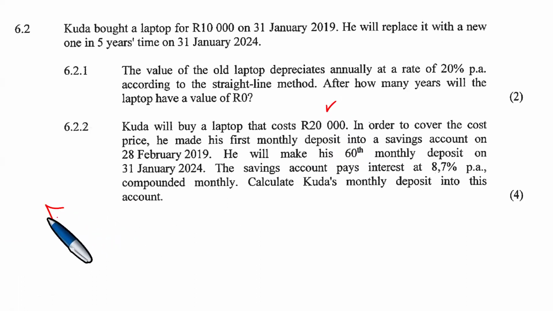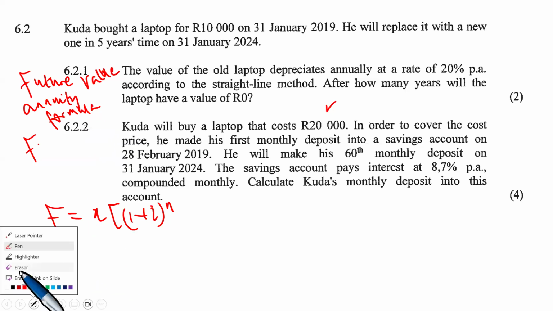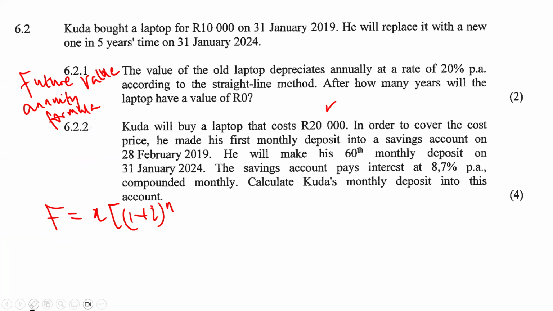There is a future value formula where F equals x times (1 plus i) to the n, minus 1, and you divide everything by the interest rate i. This is called the future value annuity formula. We plug in everything.